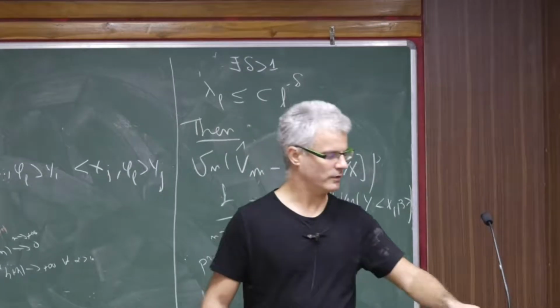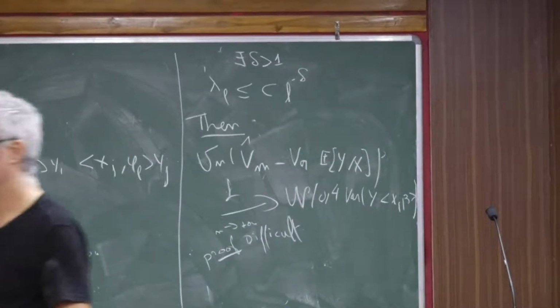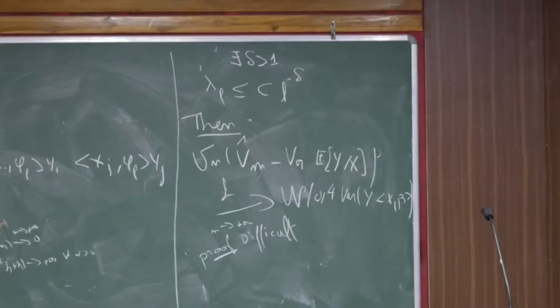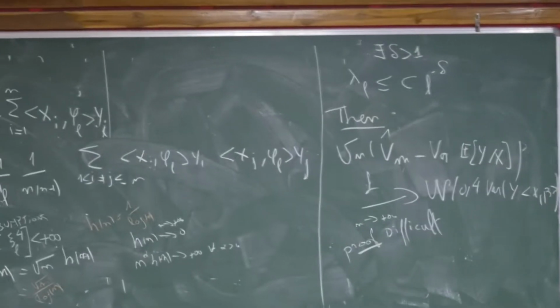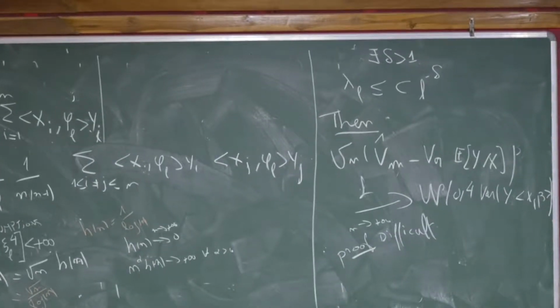So the proof is quite long and difficult. I think I would need 2 or 3 hours if I wanted to explain the proof here on the blackboard. So if you don't believe me, I can give you the paper where it's written.